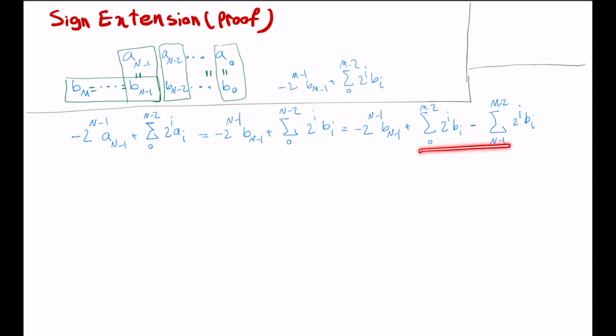You should be able to convince yourself that this term equals this term, right? Because we are summing over here all the way to m minus 2, but then we are subtracting all the terms from n minus 1 to m minus 2.